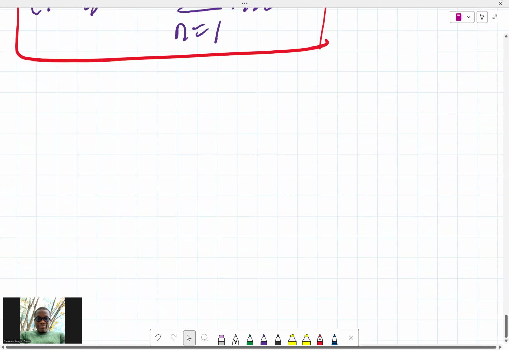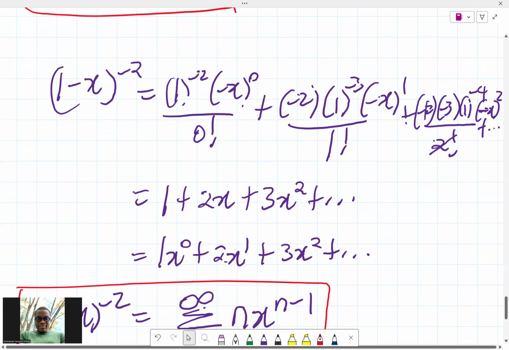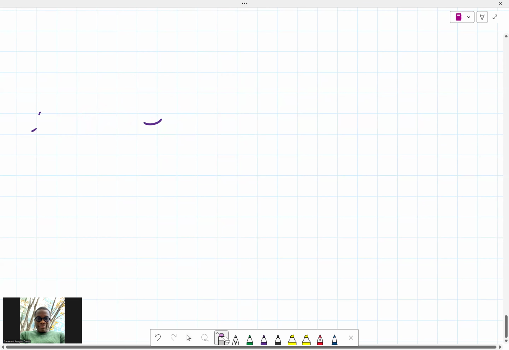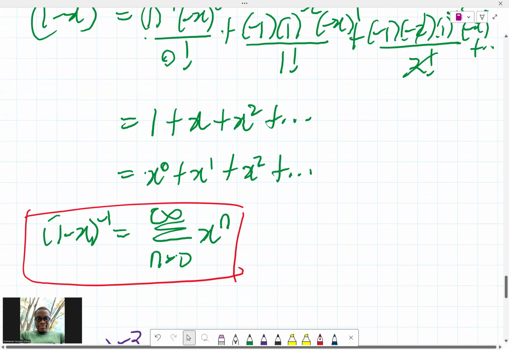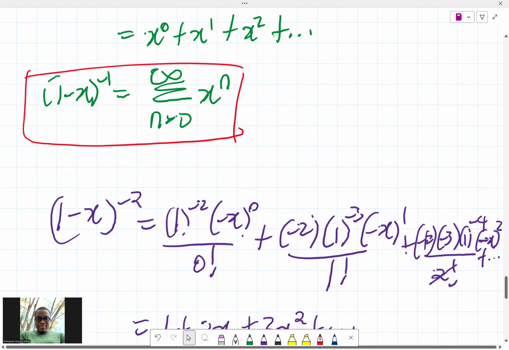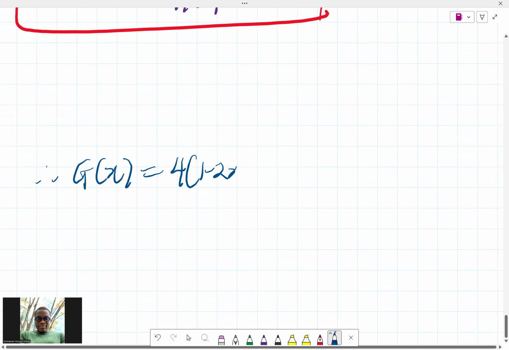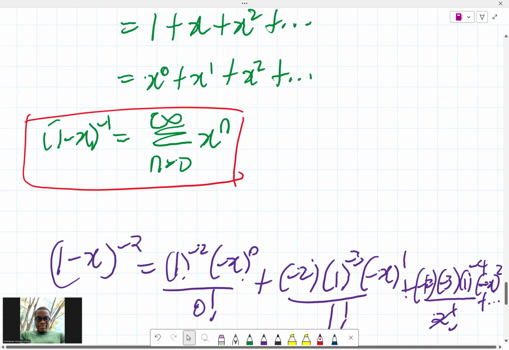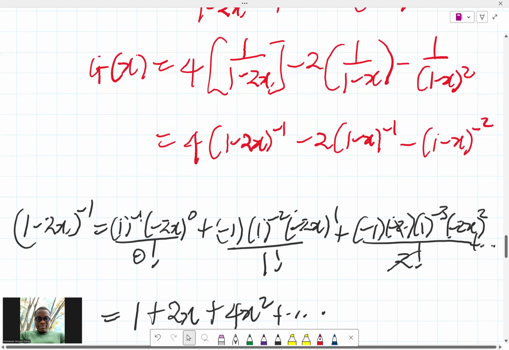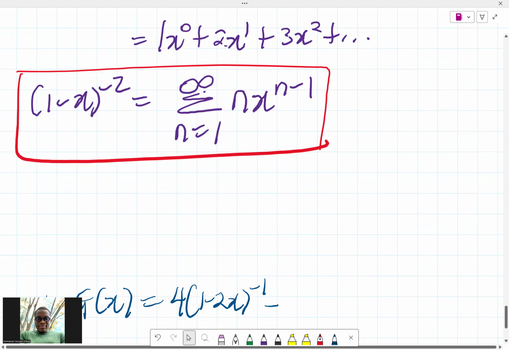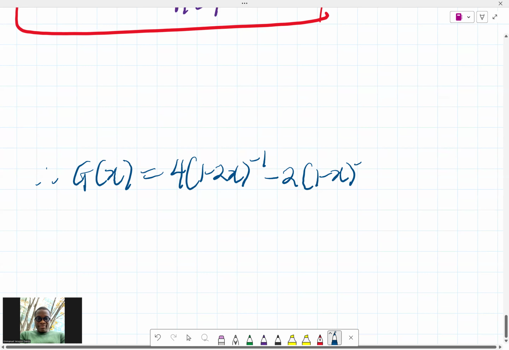So we can say now that g of x is equal to 4 into 1 minus 2x raised by minus 1, minus 2 into 1 minus x raised by minus 1, minus 1 minus x raised by minus 2.